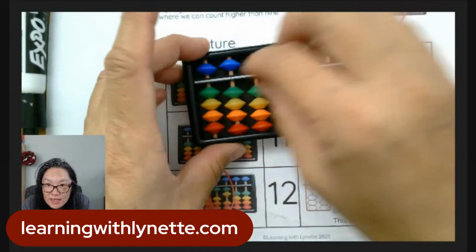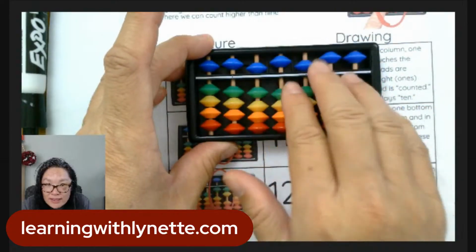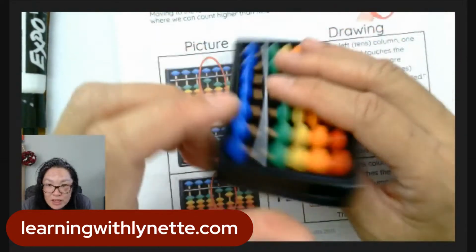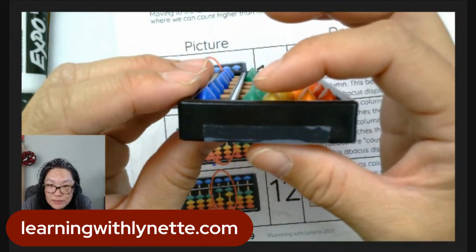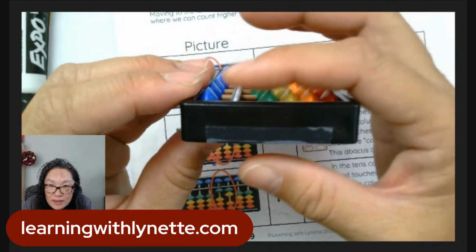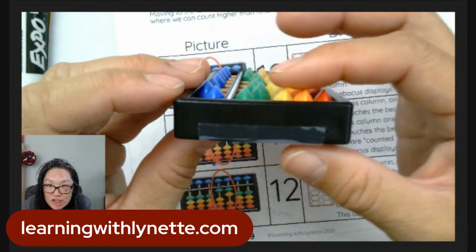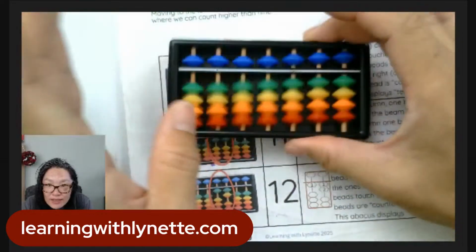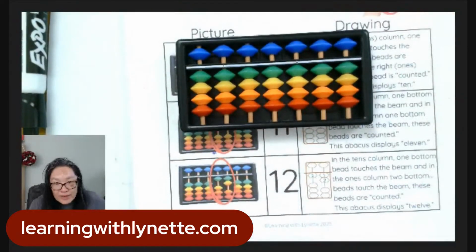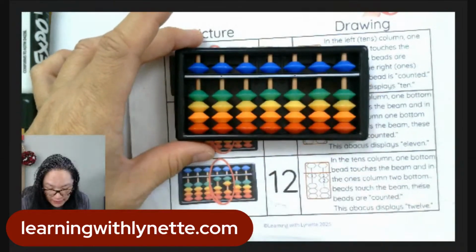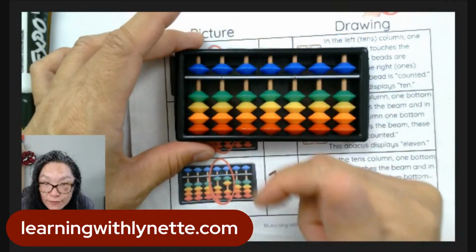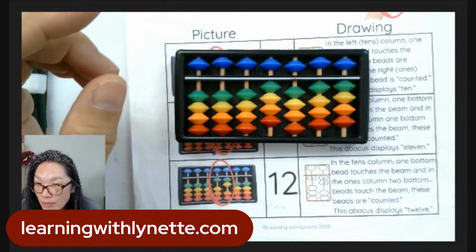You can't see what I'm doing with the beads coming down here. So that's why I let you know that when I'm moving the beads, I'm just using the tips of my fingers with the tips of the edge of the bead. So we're going to be gentle with it because it's very easy to mess up your answer. Here is my 5. These are all 5s.